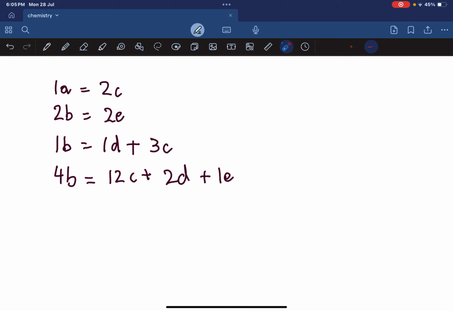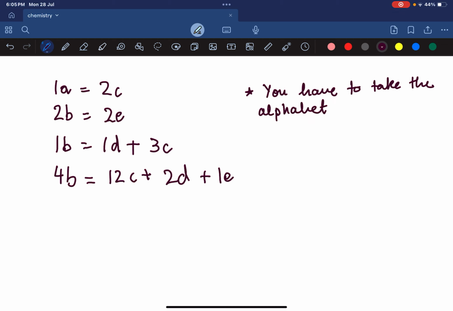So now it's my choice whether I take C or B. For this question, I'm going to personally take B, randomly. So the step is that you have to take the alphabet that is most commonly appearing. Over here I have taken B.